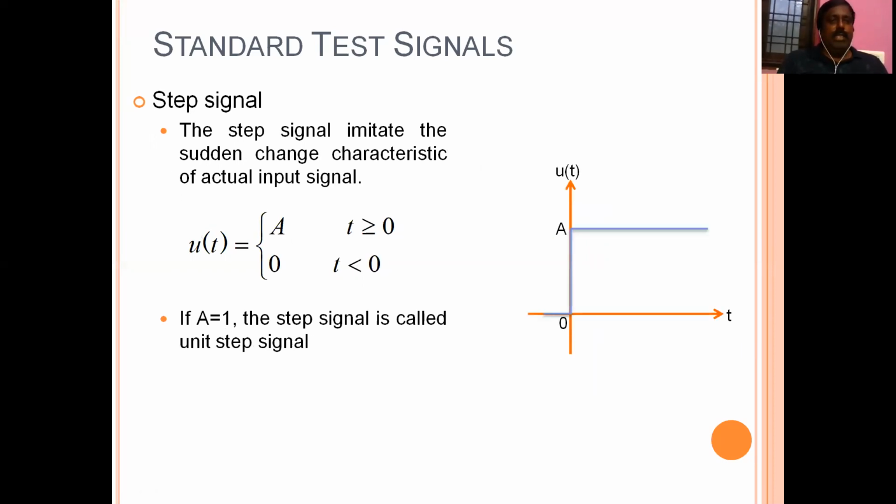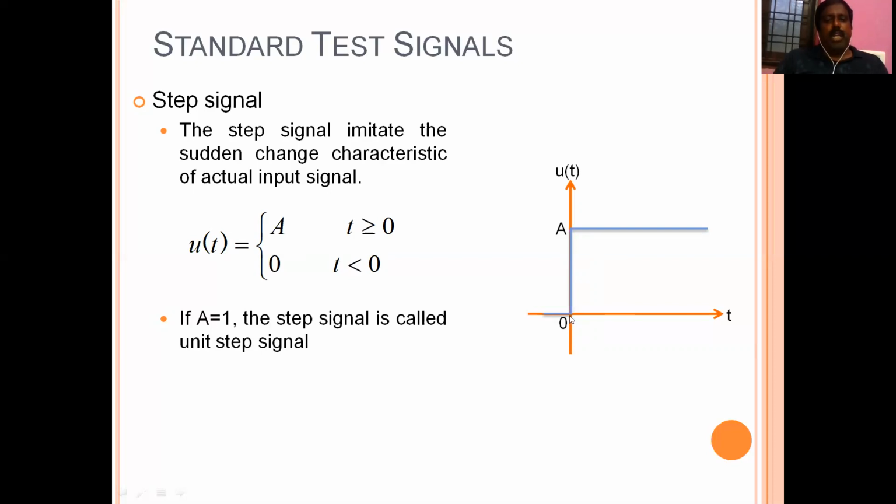Similarly, the second one is the step signal. The step signal imitates the sudden change characteristic of actual input signals. It is represented by u of t. u of t is equal to A, the amplitude, when t is greater than or equal to 0, so it starts from t equal to 0.